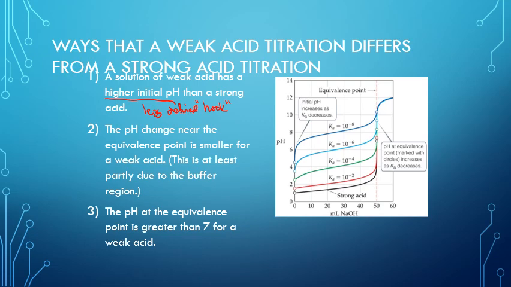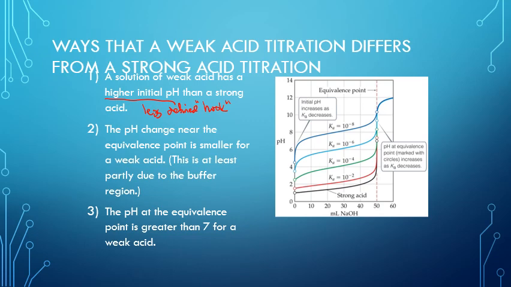And then notice also the size of the change in the pH as we approach the equivalence point. As we get weaker and weaker for the acid, the slope now changes. It is less pronounced for that difference.